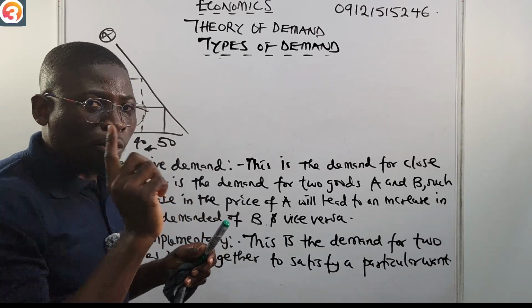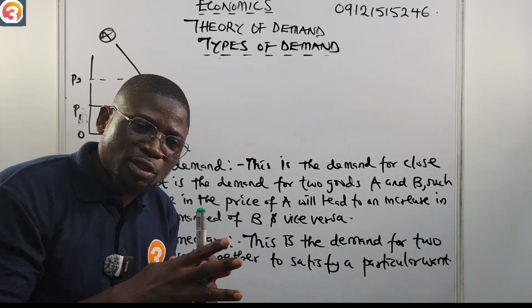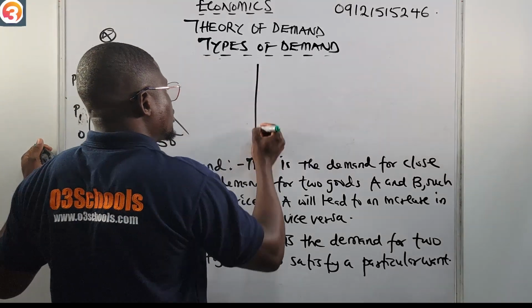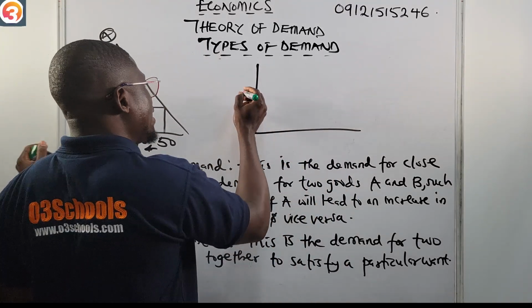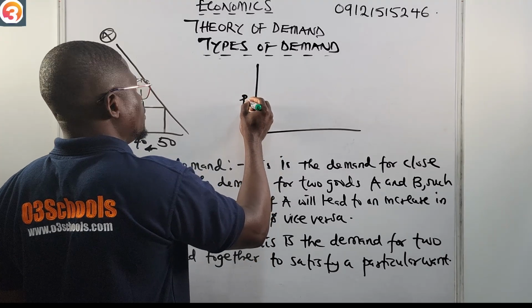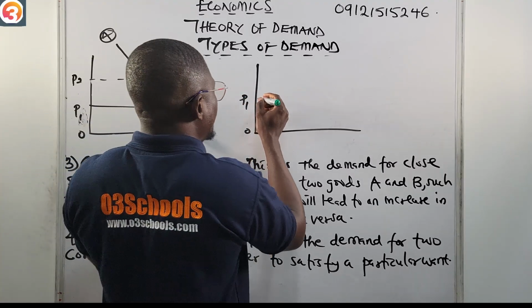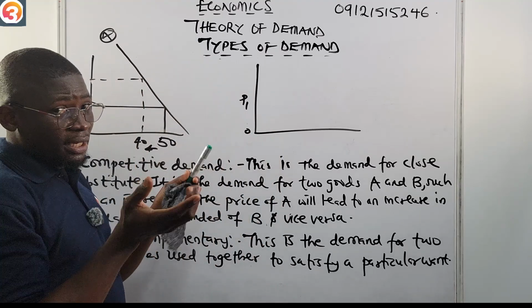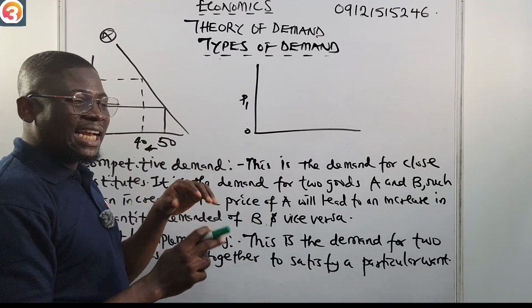But what will now happen to commodity B, which is a close substitute to commodity A? Remember the price of commodity B is not actually changing. It was commodity A that increased price.